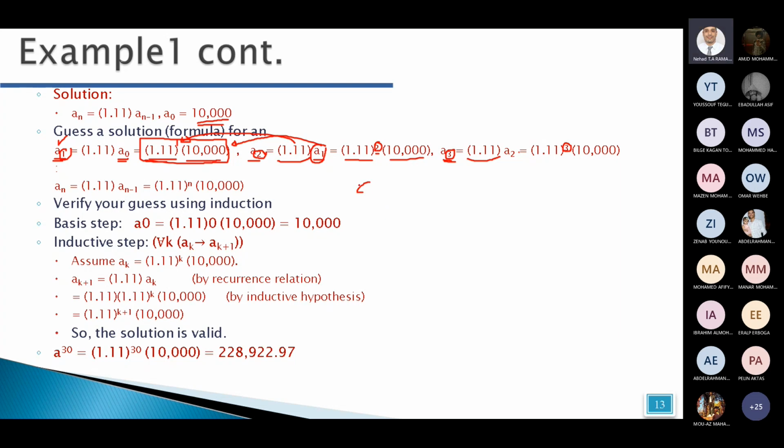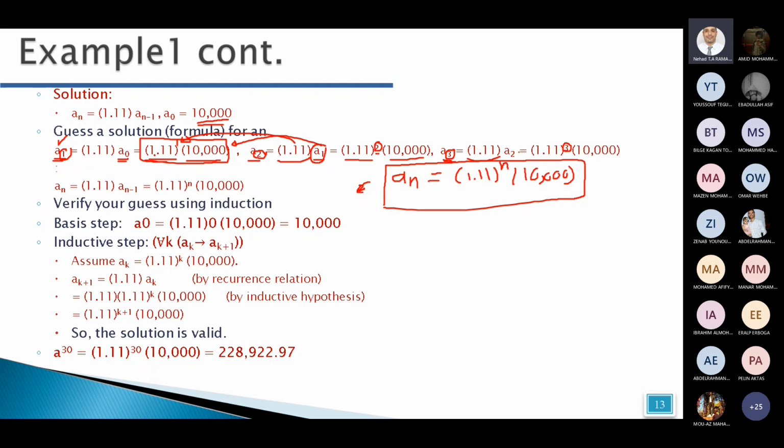So the general term is An equals 1.11 power n multiplied by 10,000. This is the solution, or the sequence that satisfies this recurrence relation.